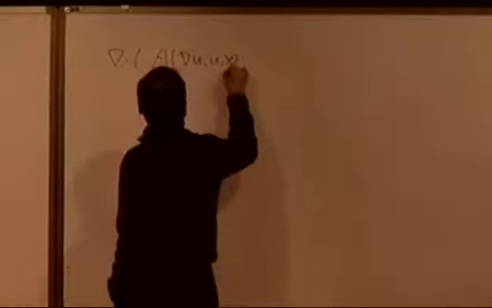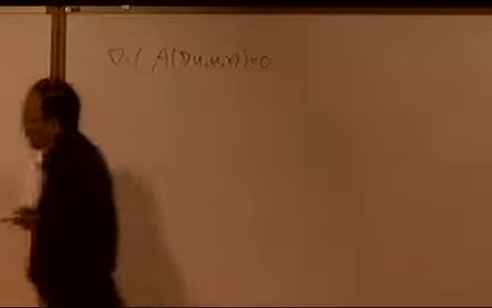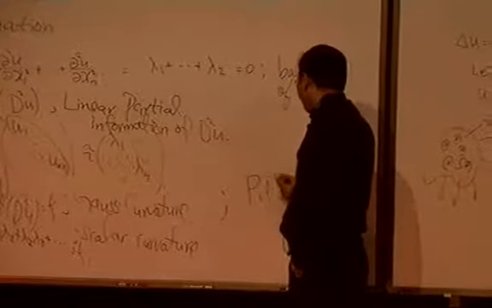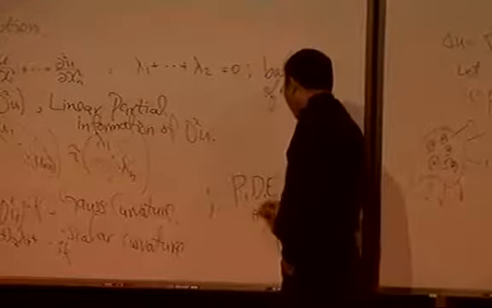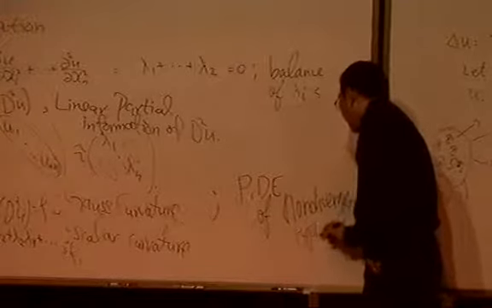The general case could be like the divergence of a gradient of U. Now we say this is a partial differential equation of non-divergence type, and this is divergence type.